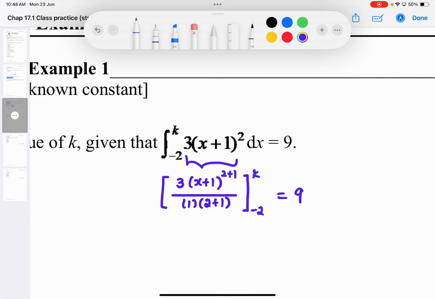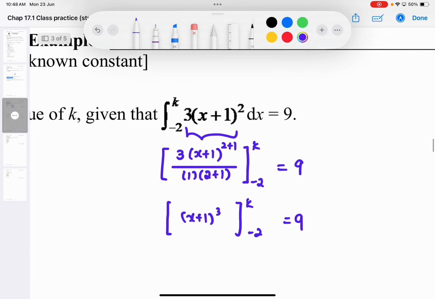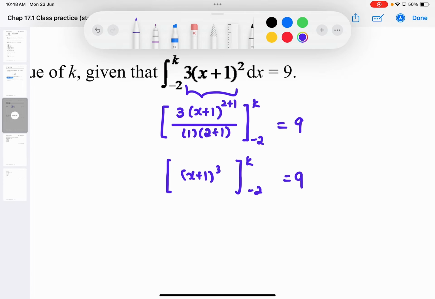Let's simplify what's inside the bracket. This gives me x plus 1 cubed over 3, divided by 3. So this is gone. So it's just x plus 1 cubed. Then from here, I can sub in my k value and sub in my -2 value and then subtract the two expressions. So k plus 1 cubed minus -2 plus 1 cubed.